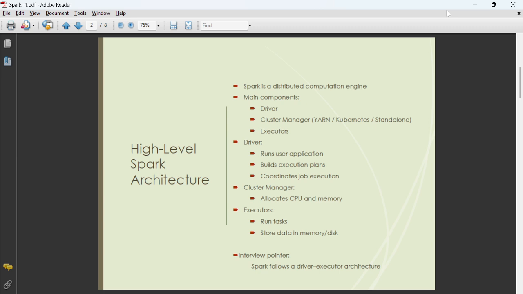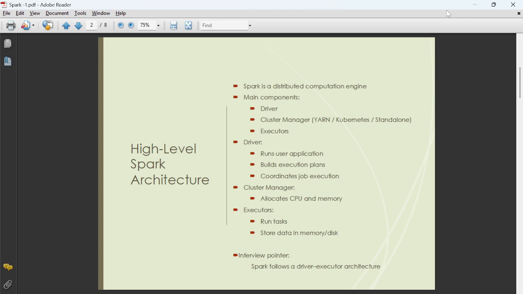Second is the cluster manager. This can be YARN, Kubernetes, or Spark standalone. Its only job is to allocate resources like CPU and memory. Third are the executors. Executors are worker processes that actually run the computation on the data.